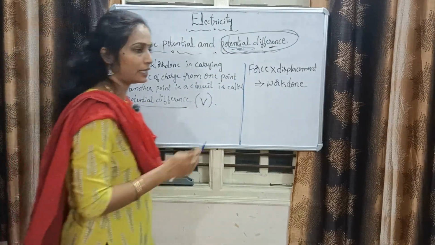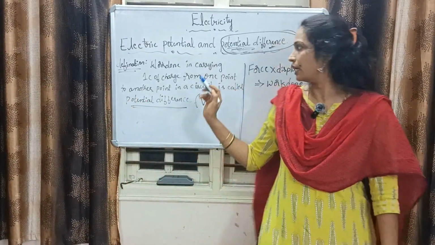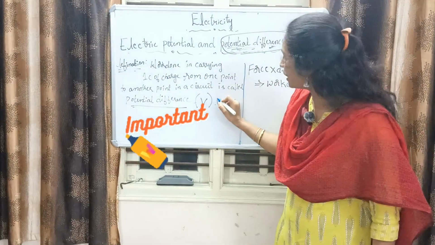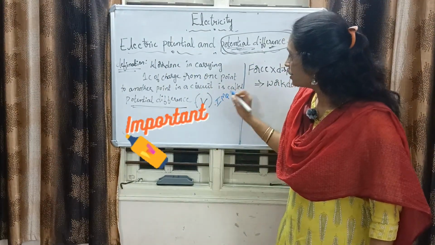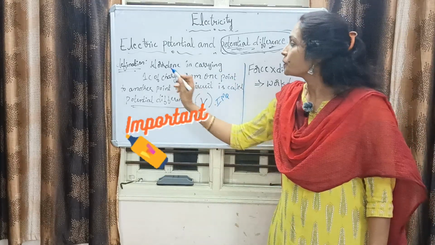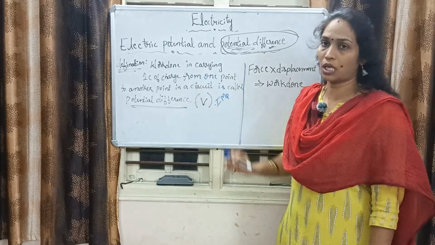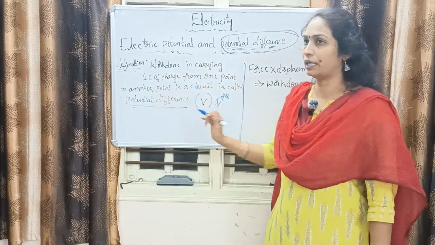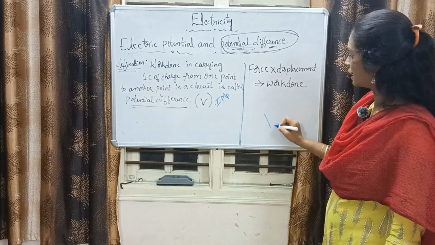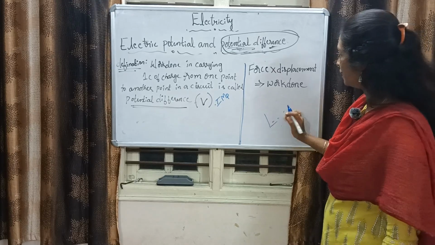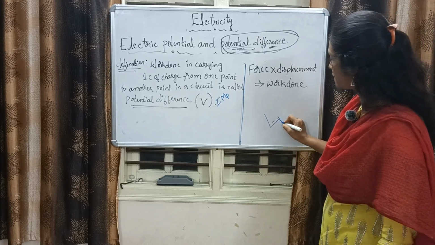In your NCERT textbook, there is a definition for potential difference. This is very important, so keep this in your mind. Work done in carrying 1 coulomb of charge from one point to another point. So here the circuit is there, correct? This is the positive terminal. Let me introduce it with the help of lines.